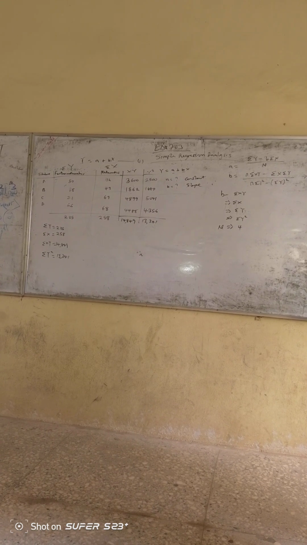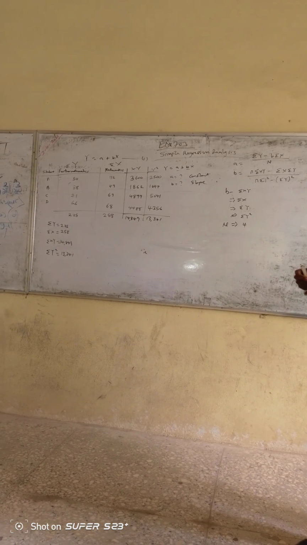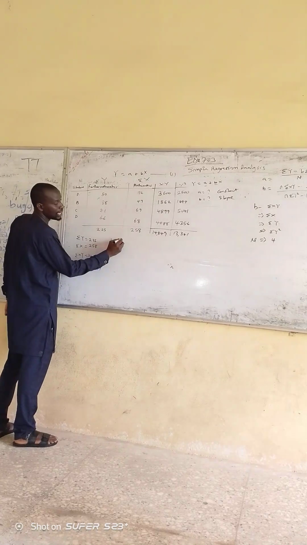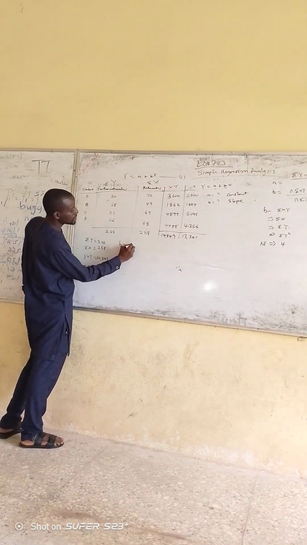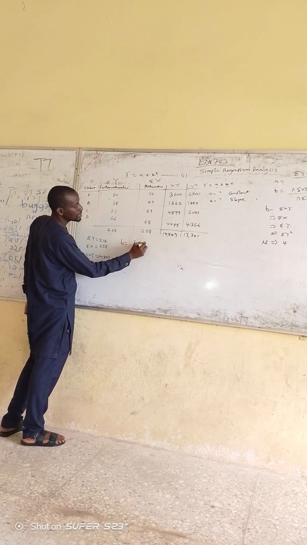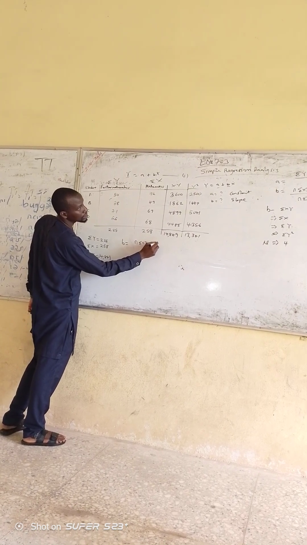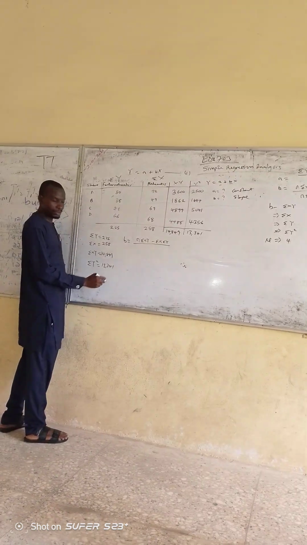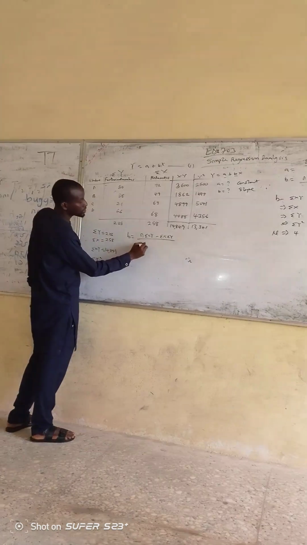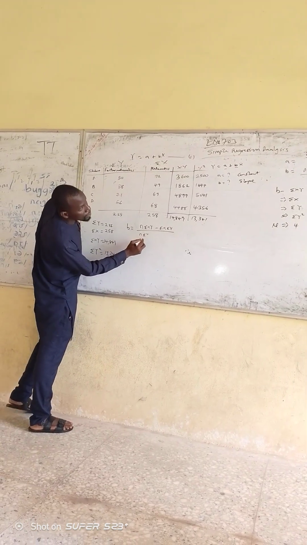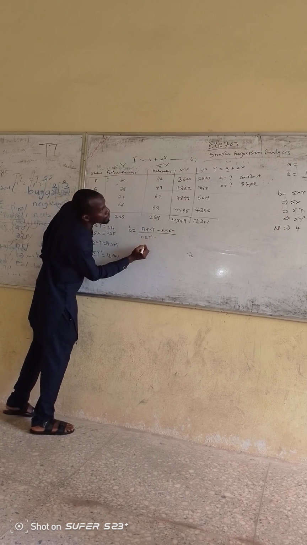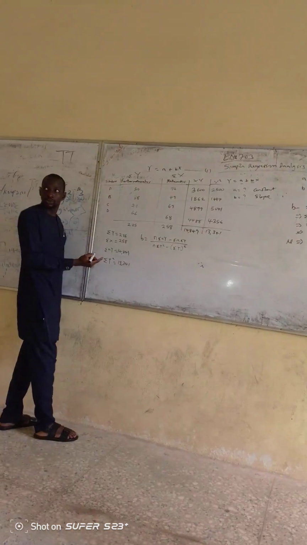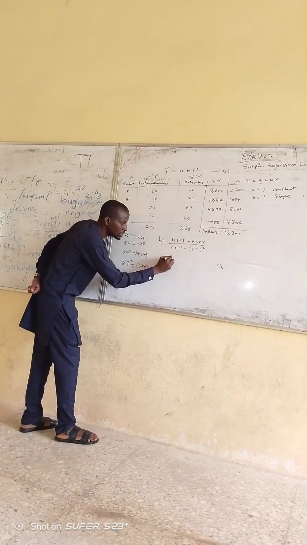So when we say our n is 4, let us now say b is what? By formula, n summation xy minus summation x summation y, all over n summation x squared minus open bracket summation x close bracket squared.